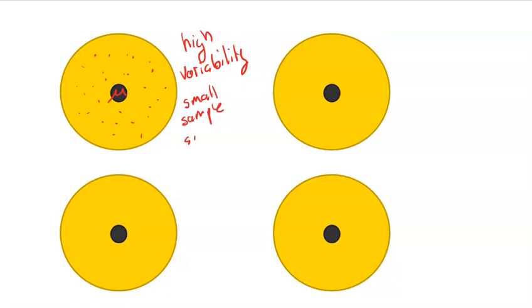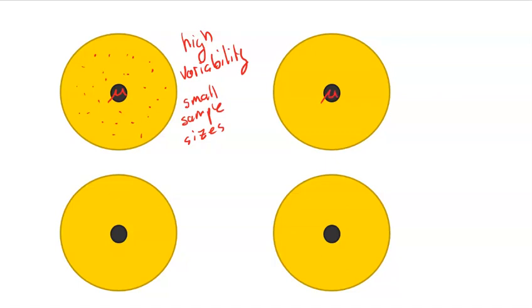Small sample sizes, like if you have a sample of 2 or 5, I don't want to say they're unreliable, but they're just going to create a lot of variability. And we know that bigger samples will produce less variability on average, which will get those arrows closer to the target.